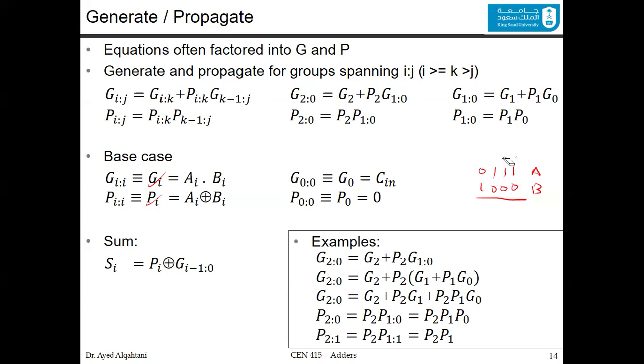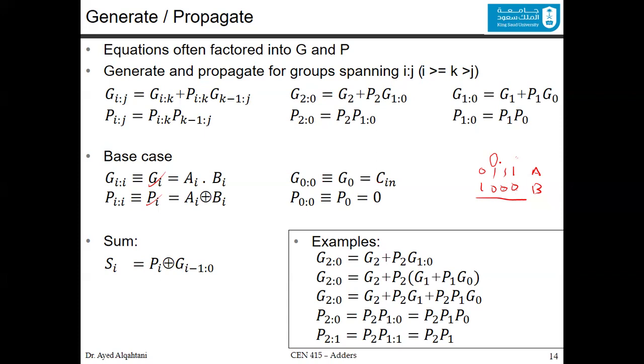Now let's take this one. When are you going to have a propagate in this one? It happens from the carry in, starting from the carry in. If you have a propagate here and you also have a propagate here, this example has a propagate here because it's 0 and 1 for A and B, and another propagate here, so it's 0 and 1. So this one will have a propagate.